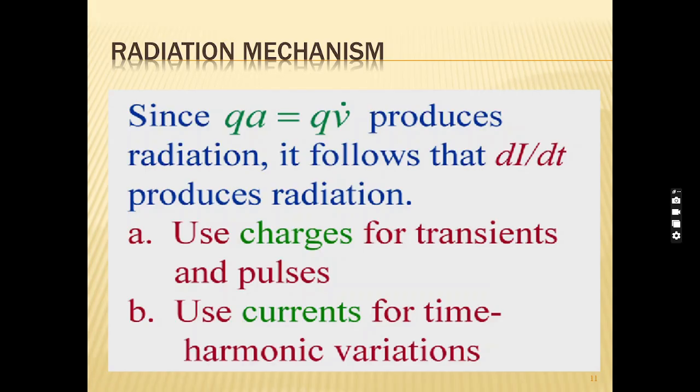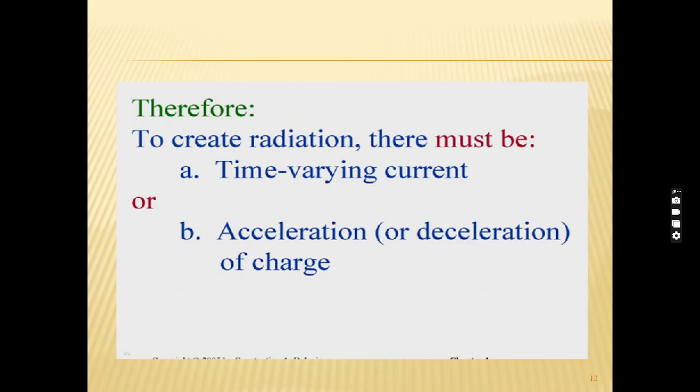It follows that the rate of change of current produces the radiation. If the charges are transients and pulses, use currents for time harmonic variations. Therefore, to create radiation, there must be a time varying current or there should be acceleration or deceleration of the charges.